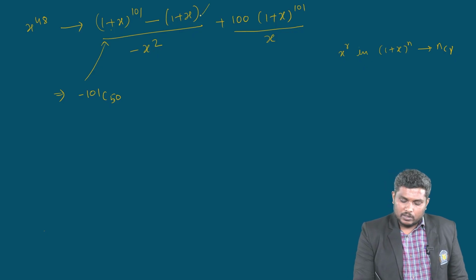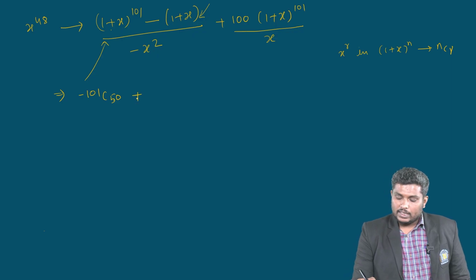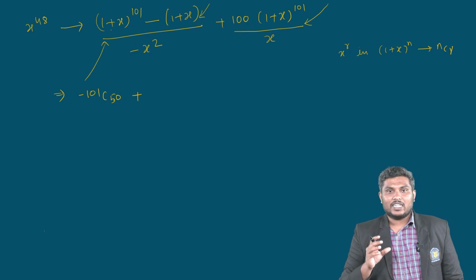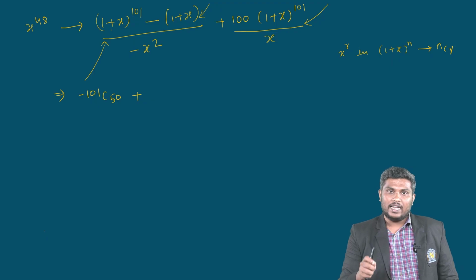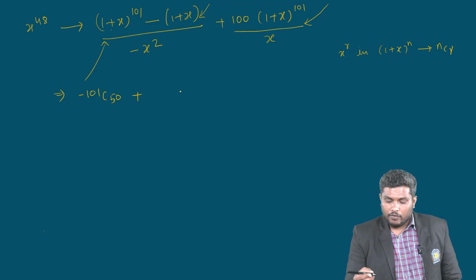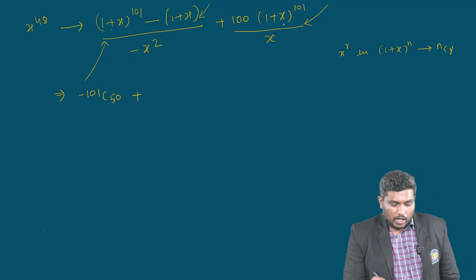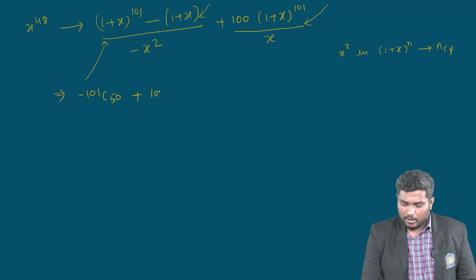In this part I am not going to get an x power 48 coefficient. Plus, once again, in this expansion I need the x power 48 coefficient, but what I have in the denominator is x, so there is already power 1. So what I need is x power 49, which will be 100 into 101C49.